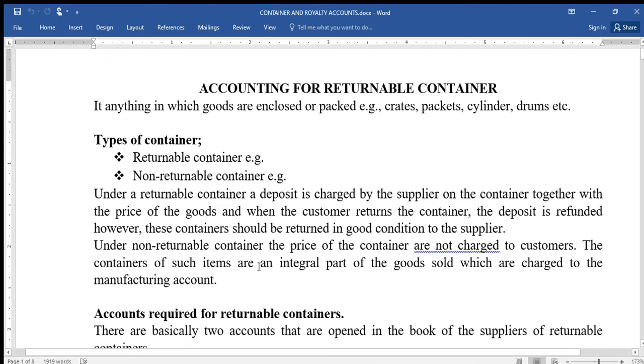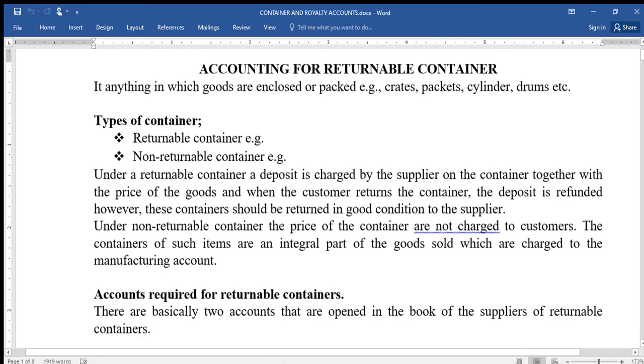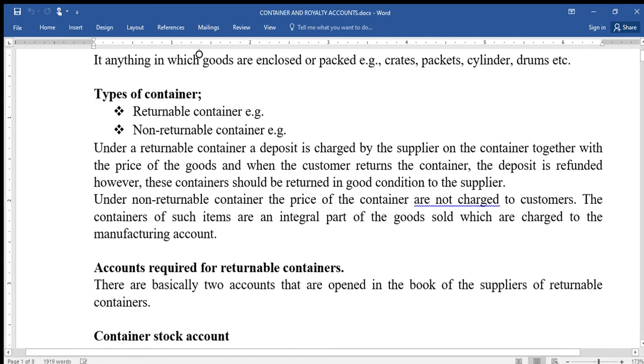Under non-returnable containers, the price of the container is not charged to the customers. The containers of such items are an integral part of the goods sold, which are charged to the manufacturing account. The price of the containers is already included in the price of the product.